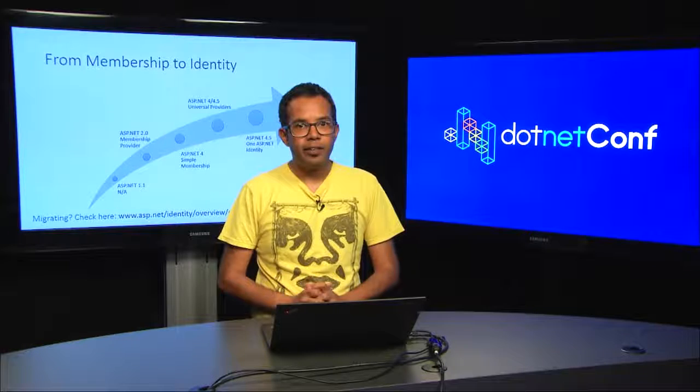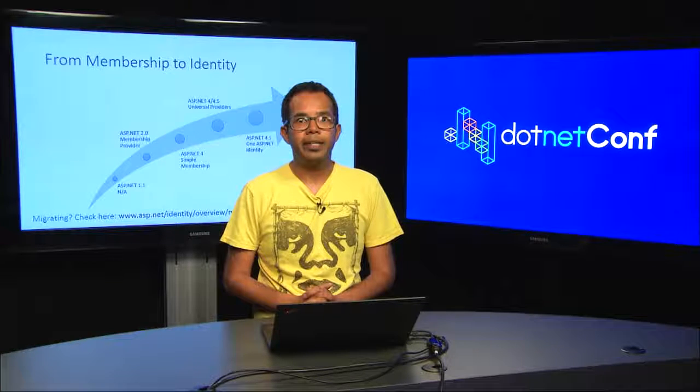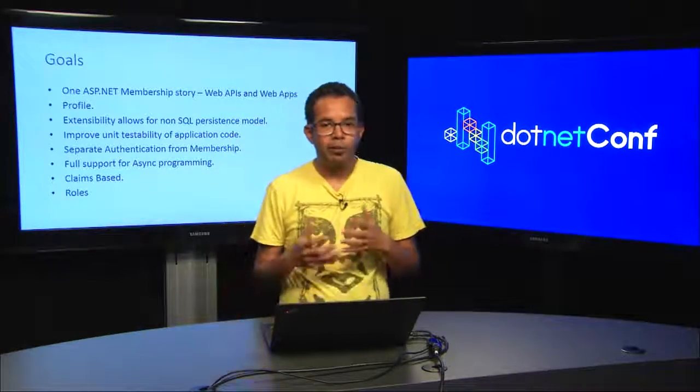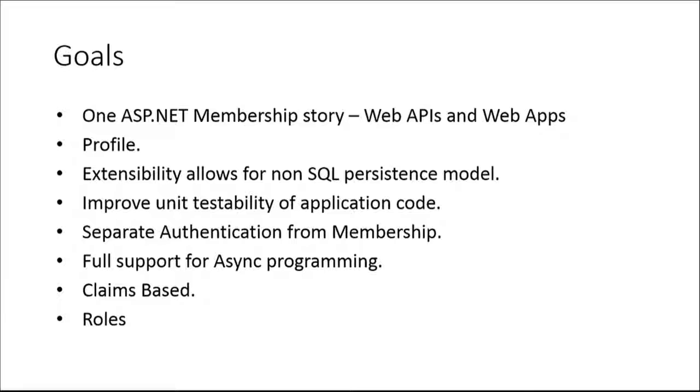In 4.5, we came up with ASP.NET Identity, which was shipped with VS 2013 RTM. The goal behind ASP.NET Identity was to provide this one membership story. It doesn't matter what kind of apps you're building, whether web apps or web APIs, MVC or web forms, you can use ASP.NET Identity as the membership system. It was easy to customize the profile in this membership system, so you can add hometown, date of birth or an address very easily.